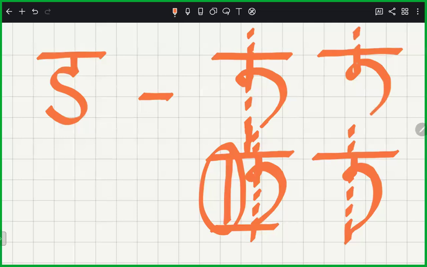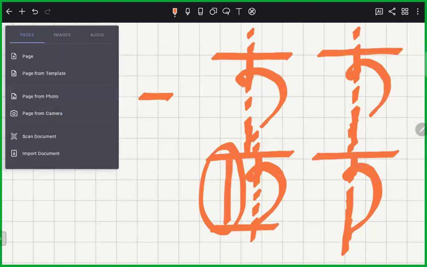So when you're drawing this imaginary line, you can see this is not touching this axis here. It is stopping right here and leaving some gap between this central axis and here. Where in case of na, you saw this was touching the central axis completely. These are some minute differences that you will have to keep in mind while drawing these letters, similar looking letters especially.